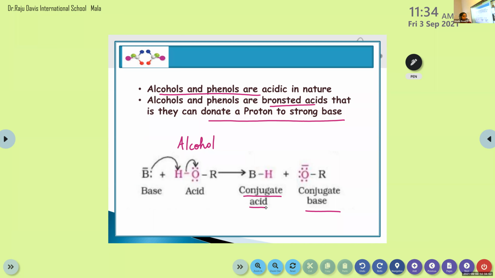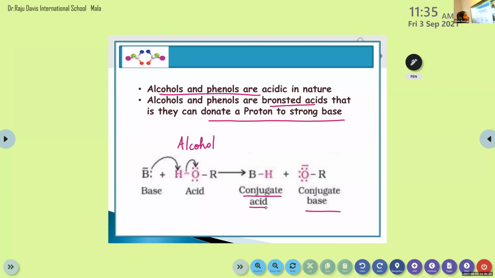I'm repeating the points once again. When alcohols and phenols react with metals, hydrogen H plus ions will be removed from that substance. That means they are donating H plus ions. So due to this nature, alcohols and phenols are considered as acidic. And here this is the reaction to explain their acidic nature. When this acid reacts with a base, the acid will donate H plus ion.